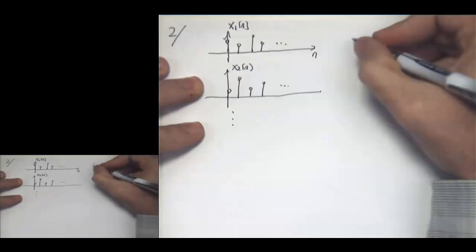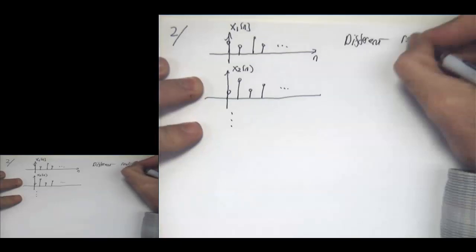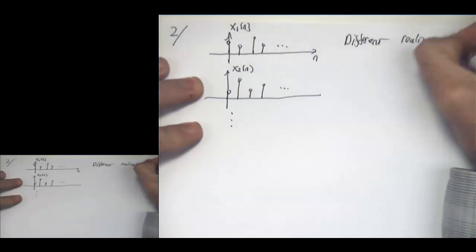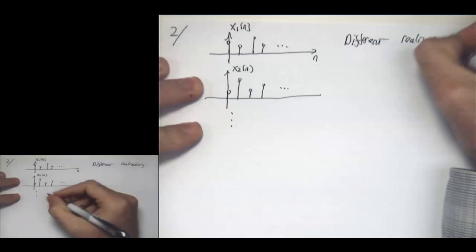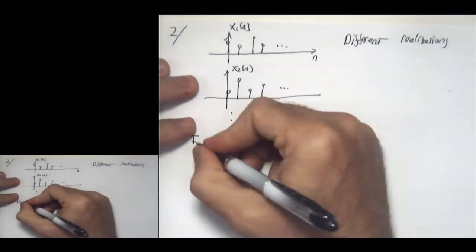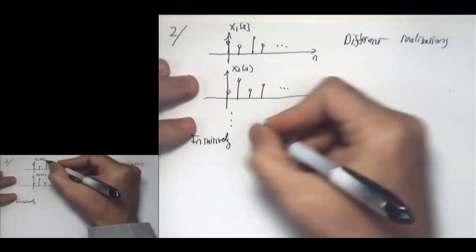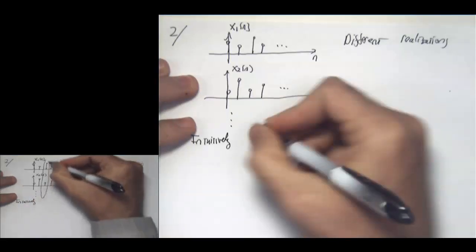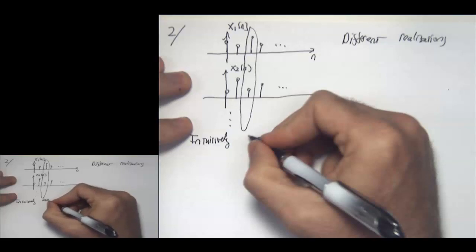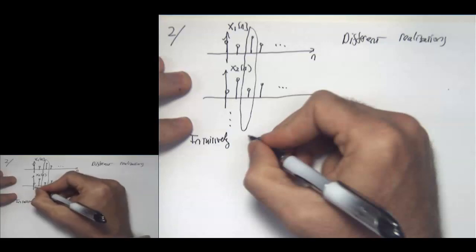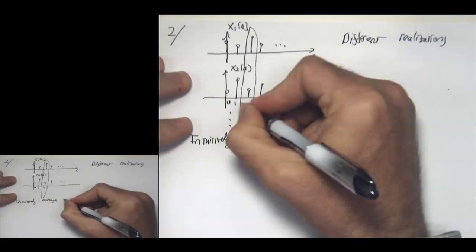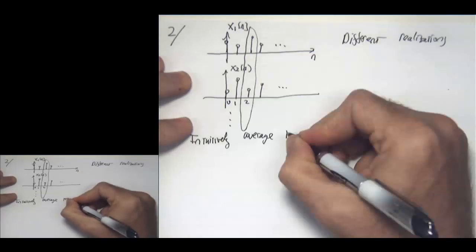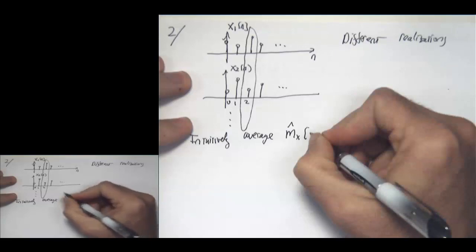These are different realizations. Intuitively, what I could do would be to average all of these, for example at time 0, 1, and 2, and I could get an estimate, mx hat of 2, for example.